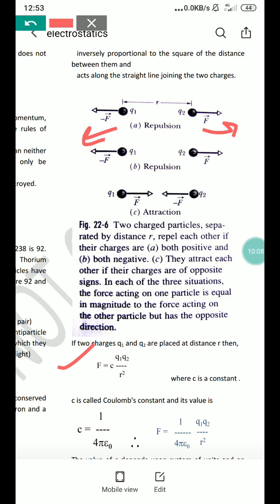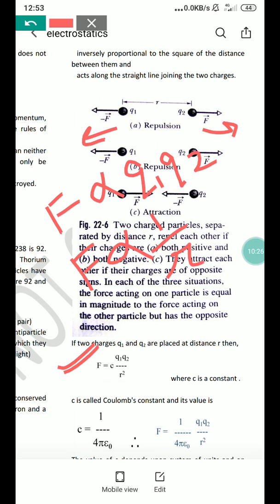Then the force between these two charged particles is defined as F equals C Q1 Q2 over r squared. Or simply we can say that the force of attraction or repulsion between two charged particles is directly proportional to the product of the two charges and inversely proportional to the square of the distance between them.